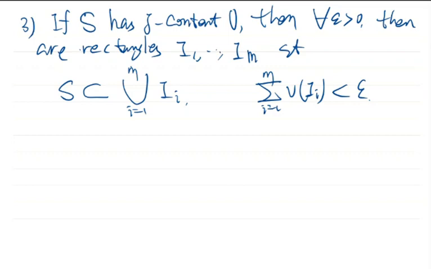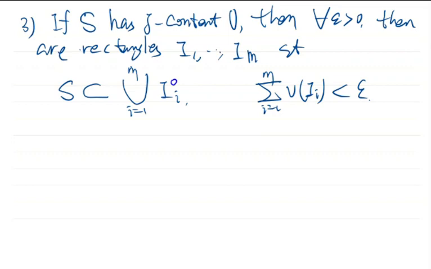The first condition requires that the union of these m rectangles contains S. This condition can be strengthened by requiring that the union of the interiors of the rectangles contains S. You can add a small cycle to each I_i.